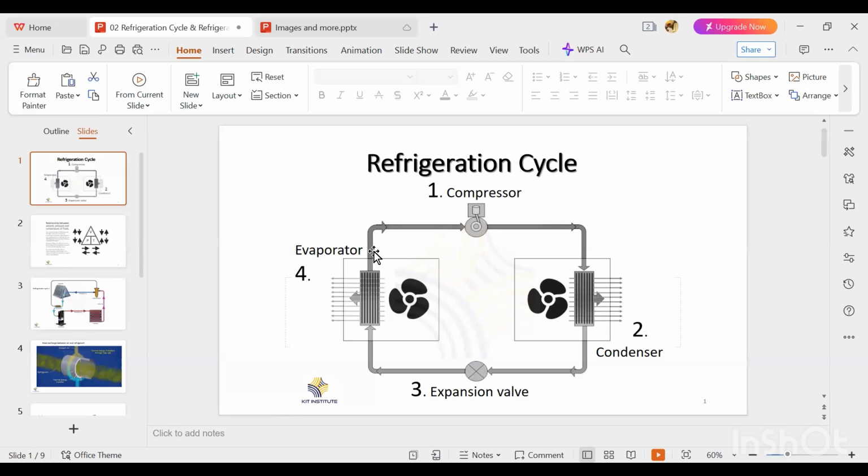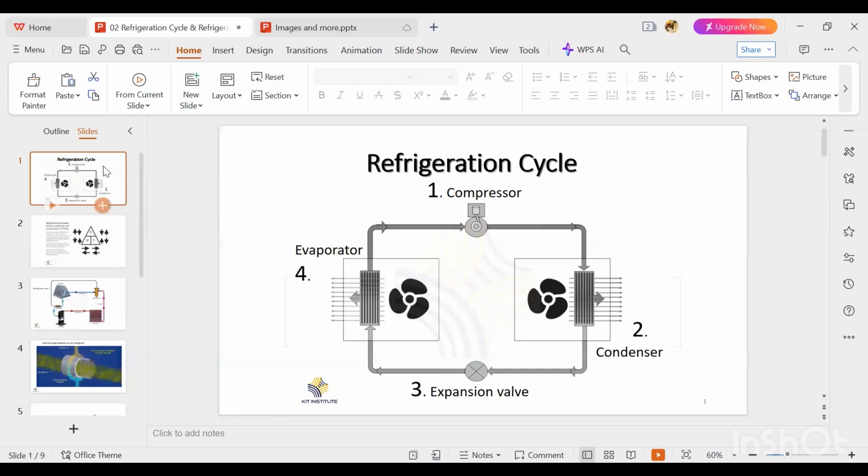Now it has picked up heat, it continues around the cycle, goes back to the compressor where the process started from, and then it will start over again. Continuously the process continues until the temperatures in the rooms come down to our set point. So that is the brief explanation of this cycle.